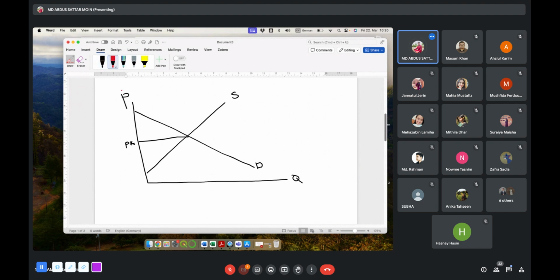Let's say if government sets a price ceiling over here, this red line, at P1, let's say the government says the maximum price of these products would be 15 taka, whereas in the market the current equilibrium price is only 10 taka.